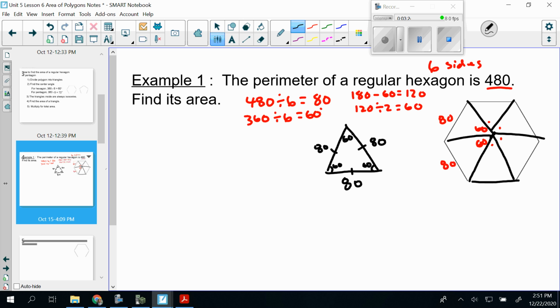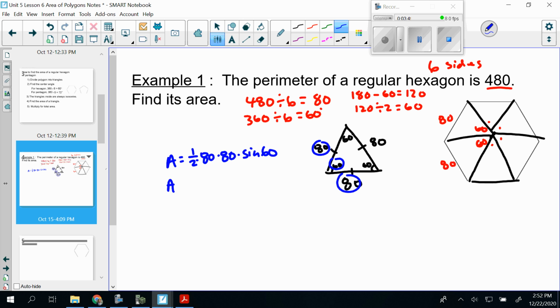How do we find the area of one of those? This one we could use that trig one, because we got an angle with 2 sides around it to find the area of one triangle. So let's use that one. We got half of 80 times 80 times sine 60.